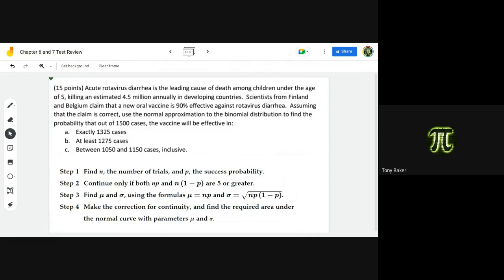First we have to find the number of trials. As long as they're greater than 5, which in this case they are, we can do this. And those are the two formulas you need, the mean and then the standard deviation. So the first thing we have to do for this problem is find my mean and my standard deviation.